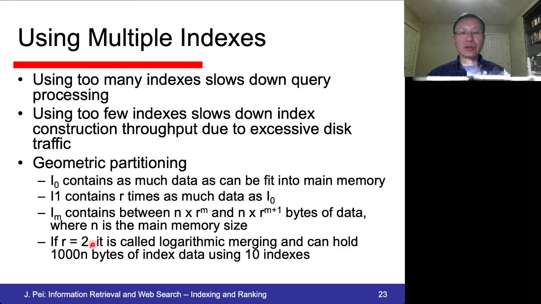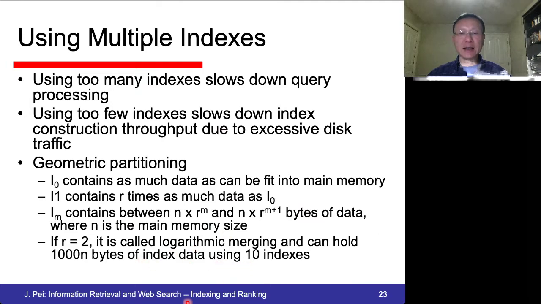If r equals 2, then this is called logarithmic merging and can hold 1,000 times the original main memory size.